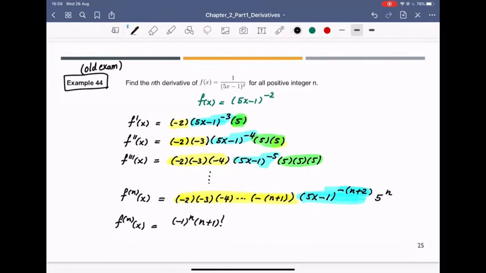So it's actually 1 multiplied up to n plus 1, which is n plus 1 factorial. And because I have a negative sign n times, I have negative 1 to the n. And then I also have 5 to the n, and then (5x minus 1) raised to the n plus 2, for all n. All right, this is your answer.